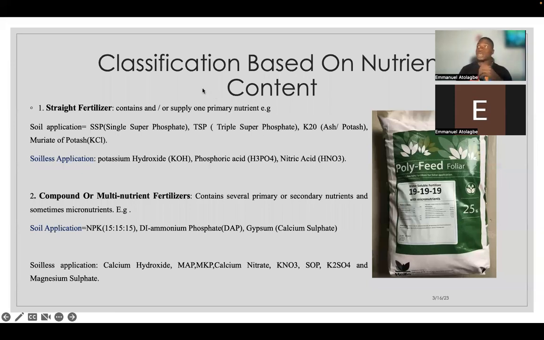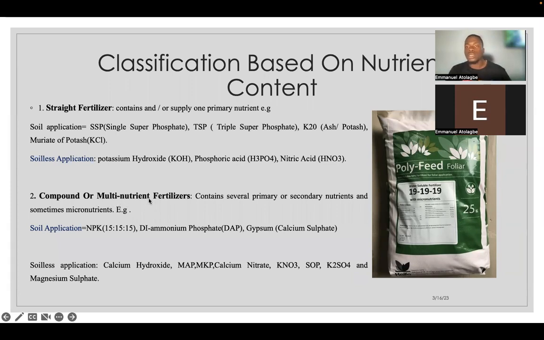To start with, we will be looking at the classification based on nutrient contents. In that light, we will look at straight fertilizers and compound or multi-nutrient fertilizers.